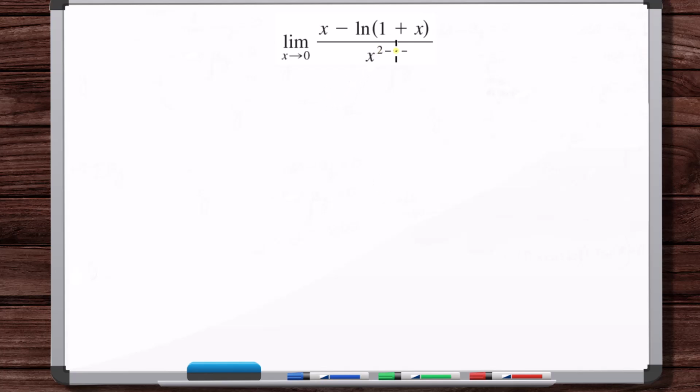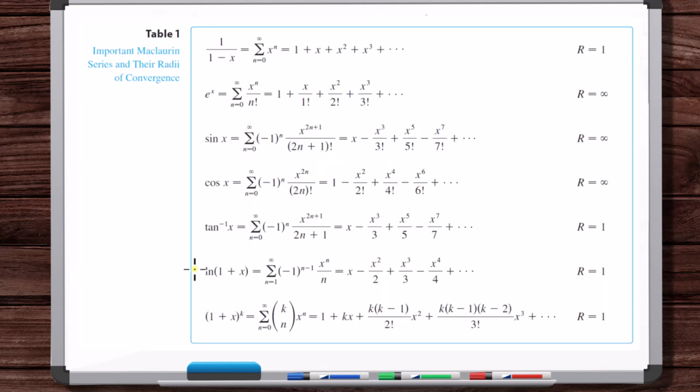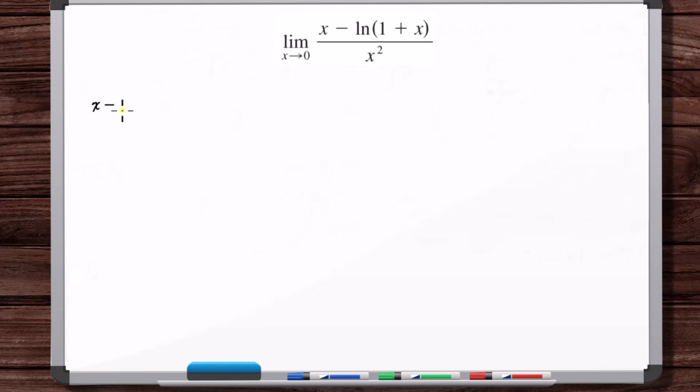Okay, so let's first represent this function as an infinite series. So we have natural log of 1 plus x here, minus 1 to the n minus 1 times x to the n over n. Okay, so we can write this as, let's do x over x squared.